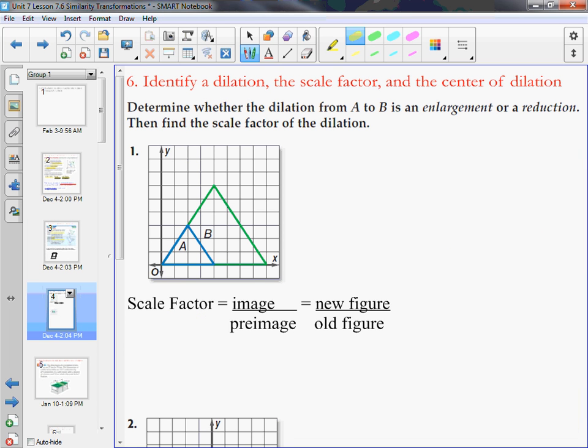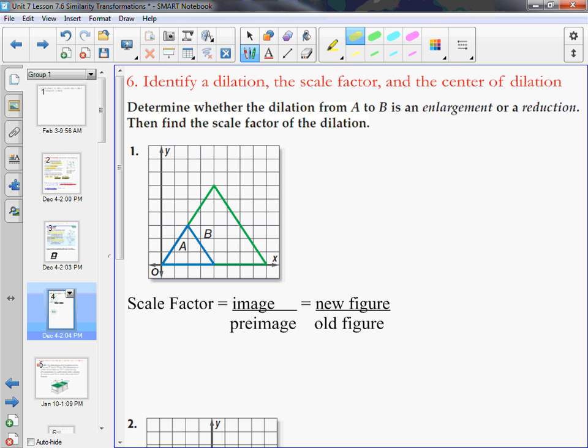Let's do some from the assignment. Flip on over to page 508. The directions for number 1 say to determine whether the dilation from A to B is an enlargement or a reduction. Now, this can be a little confusing.